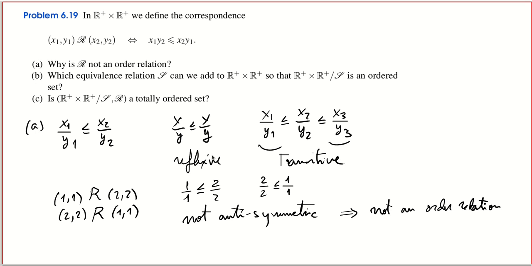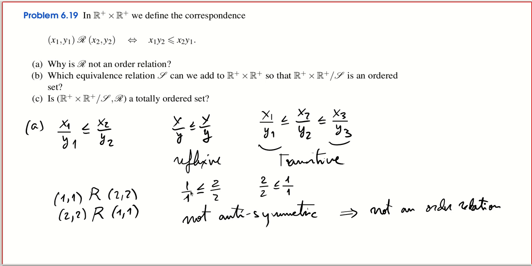Okay, so what is going on here? Well, clearly the defect is something that we don't want to take into account, because for us these fractions represent the same number, right? All that matters here is the ratio between these two numbers.